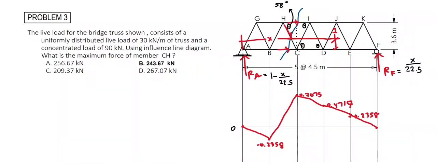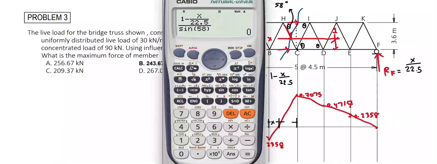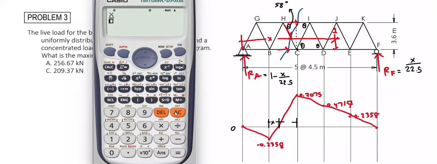For the next step, we need to solve for this value of X of this right triangle, as well as this value, which we will need to solve the maximum force of member CH. By using proportion of the similar triangles, we have X over 0.2358 equals this base here, that is 4.5 minus X, over 0.7075.